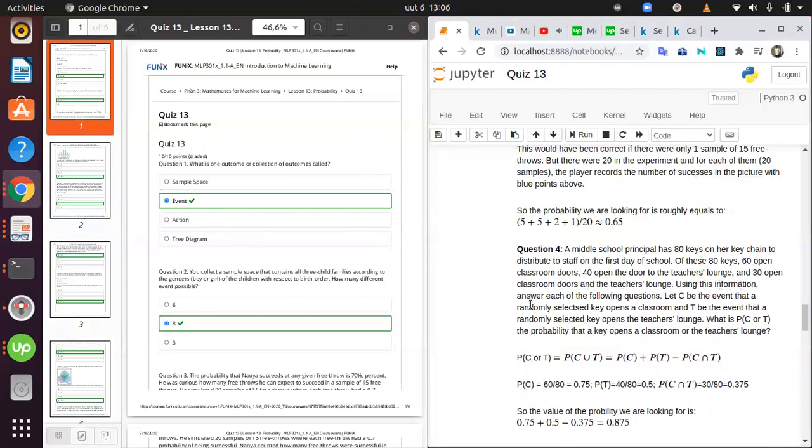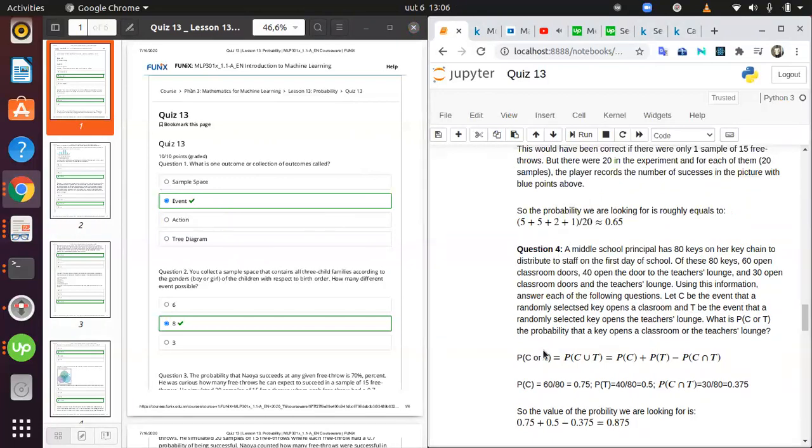Using this information, answer each of the following questions. Let C be the event that a randomly selected key opens a classroom, and T be the event that a randomly selected key opens the teacher's lounge. What is the probability of C or T? The probability that a key opens a classroom or the teacher's lounge.